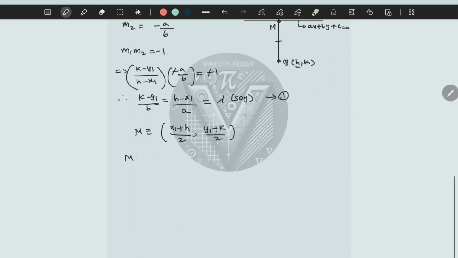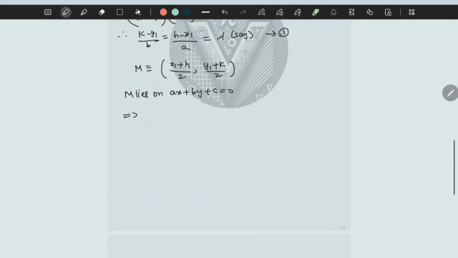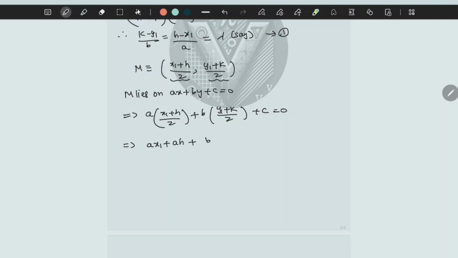Now M lies on ax + by + c = 0. So again we replace x with (x1 + h)/2, and we replace y with (y1 + k)/2, plus c equals 0. So if I multiply the first term with a, I get ax1 + ah, and the second term with b, I get by1 + bk, and let us take the LCM.